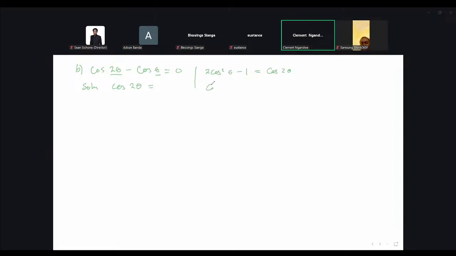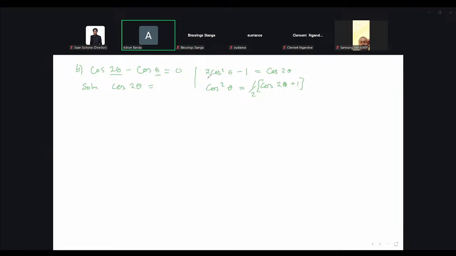Right, so you remember that the identity that I gave you is cosine squared theta is equal to cos 2 theta plus 1, divided by 2. Okay, so this is the identity that we are going to use in this particular case. And so we are just rewriting this so that we start with the cos 2 theta.